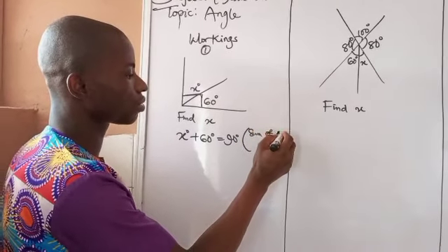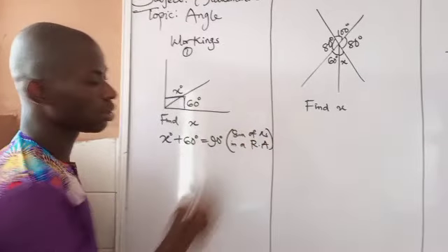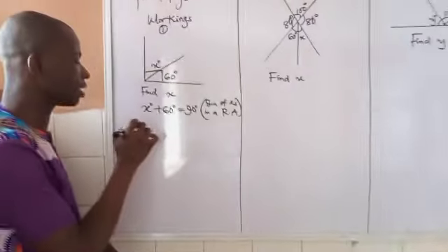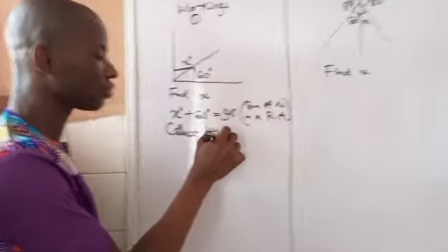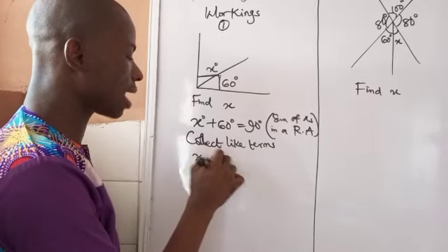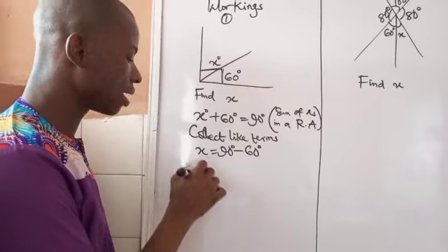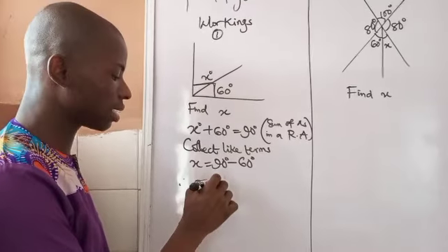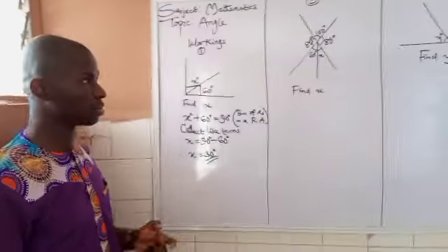Sum of angles in a right angle. Do you understand? So the next thing is collect like terms. And that will give us x equals 90 degrees minus 60 degrees. Therefore, x equals 30 degrees. That's all. So you can see that it's very simple.